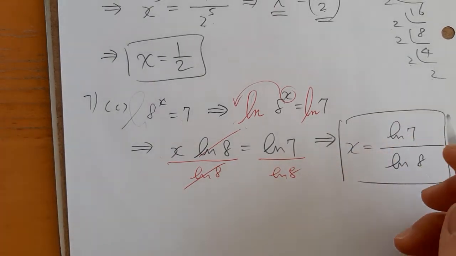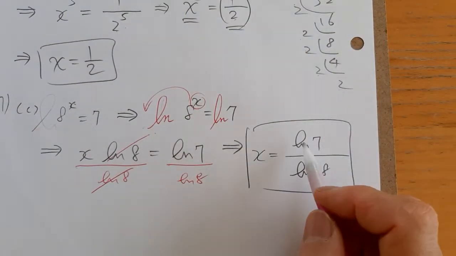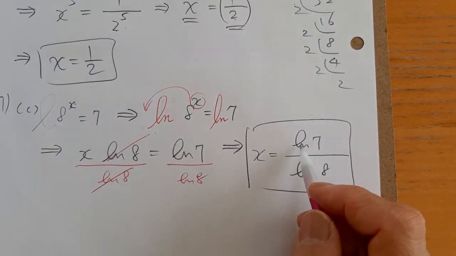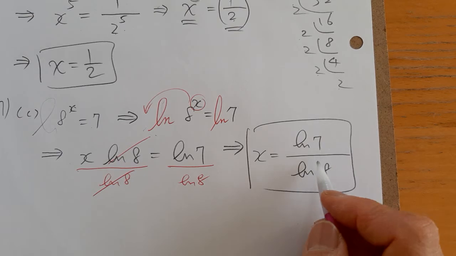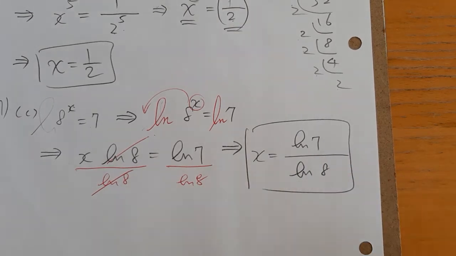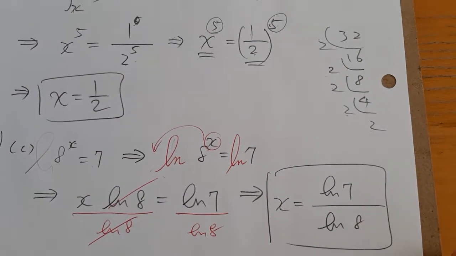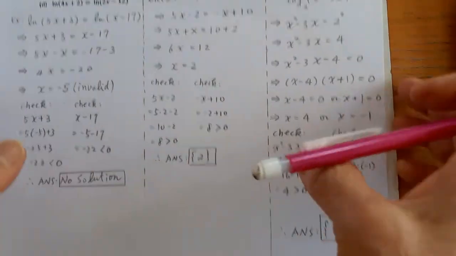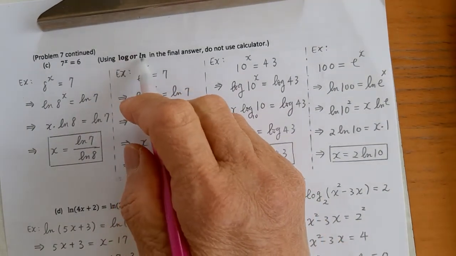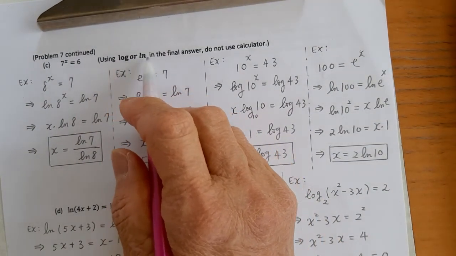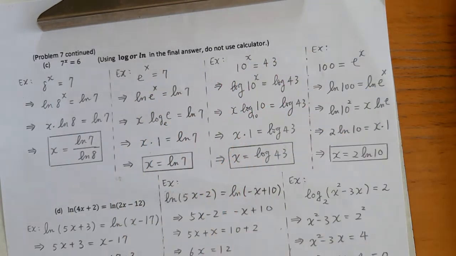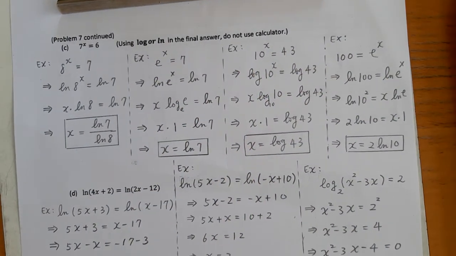You can use the calculator, press ln 7 and then divide by ln 8, and you will get a decimal. But here you leave the answer with the natural logarithm or common logarithm. In the final answer, do not use the calculator to figure out the decimal.